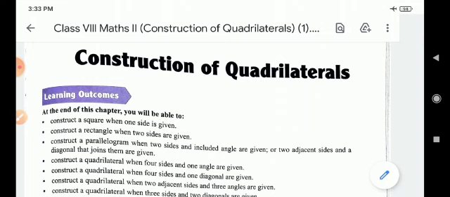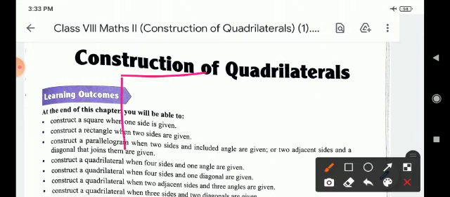Okay, children? Fourth point, opposite angles. Two angles of a quadrilateral having no common arm are called opposite angles.